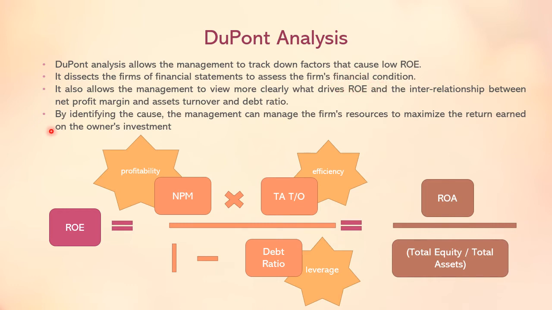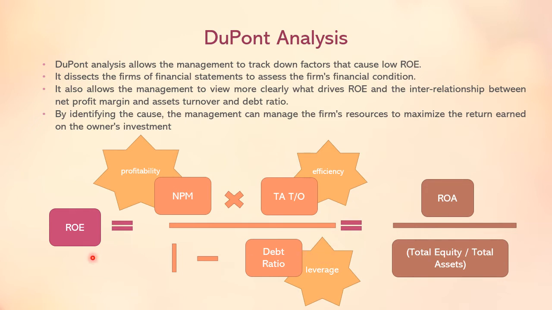By identifying the cost, the management can manage the firm's resources to manage the return earned on the owner's investments. So we can calculate ROE by multiplying net profit margin with total assets turnover. The NPM represents the profitability, the total assets turnover represents the efficiency, and we divide by 1 minus debt ratio, which represents the leverage.